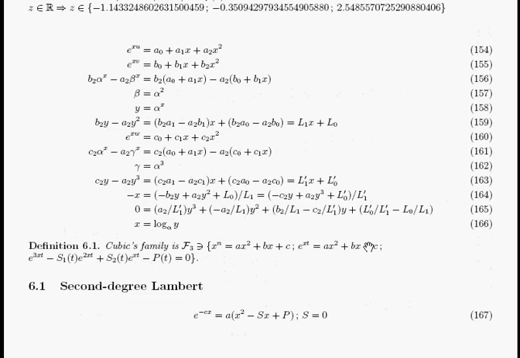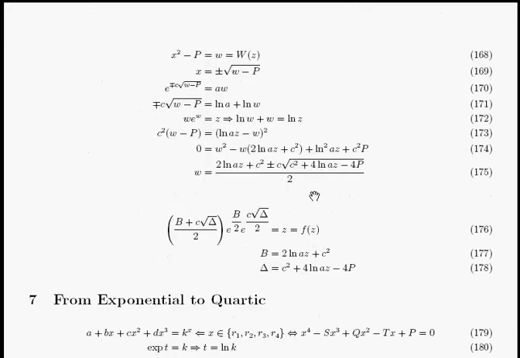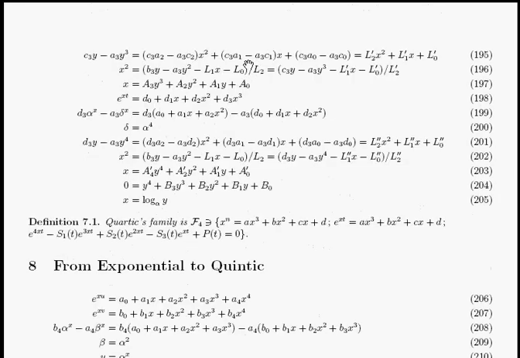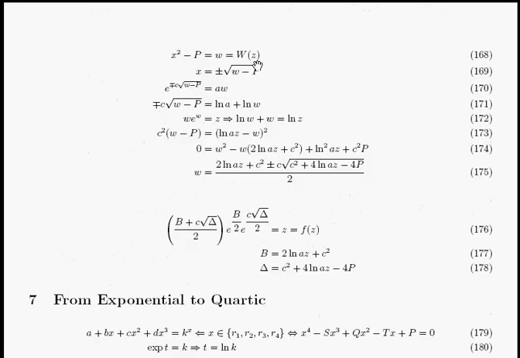So here is another try. Exponential of minus cx is a times quadratic. S is 0. Ys is 0. We can complete the square. So x2 minus p is w, is double or u function of some z. So x is plus or minus the square root of w minus p, isolating x. So the exponential of minus or plus c square root is equal to aw.